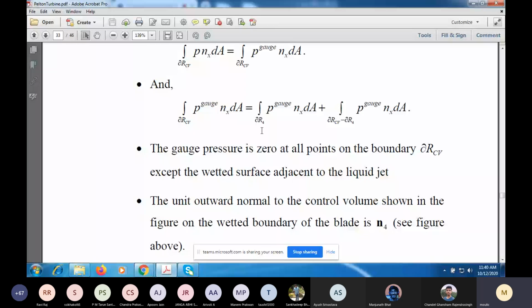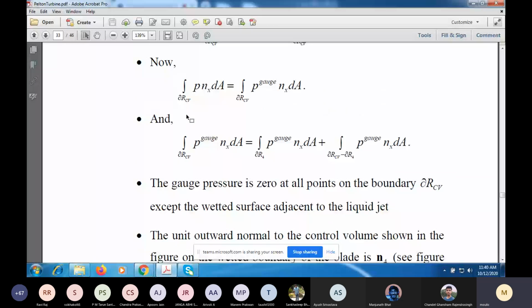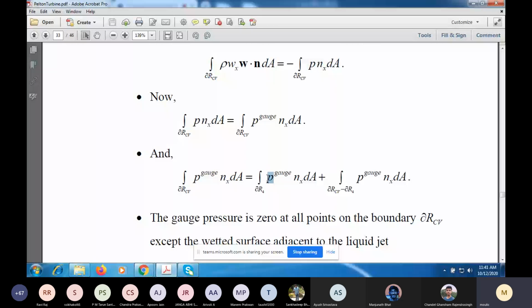But on the remaining surface the gauge pressure is 0, so this integral will be 0. So simply what you get is that the net force due to pressure on the fluid inside this green control volume is the force due to the pressure on surface 4. So this quantity, minus the integral of P n_x dA, I can simply write as minus the integral of the gauge pressure over this surface.